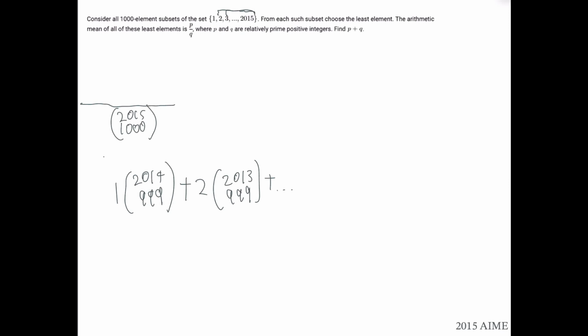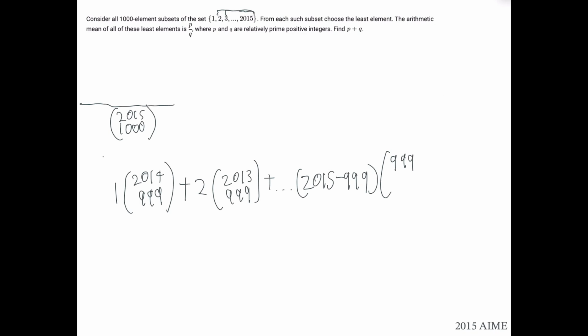And this is going to continue until we reach 2015 minus 999 times. So that's going to appear 999 choose 999 times, right? And let's just write 2015 minus 999 is 1016.